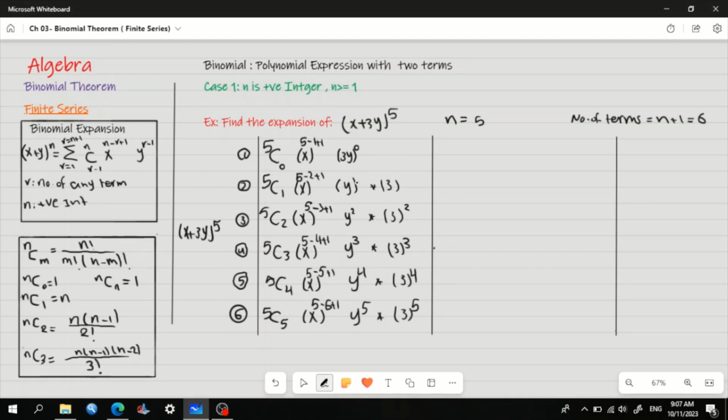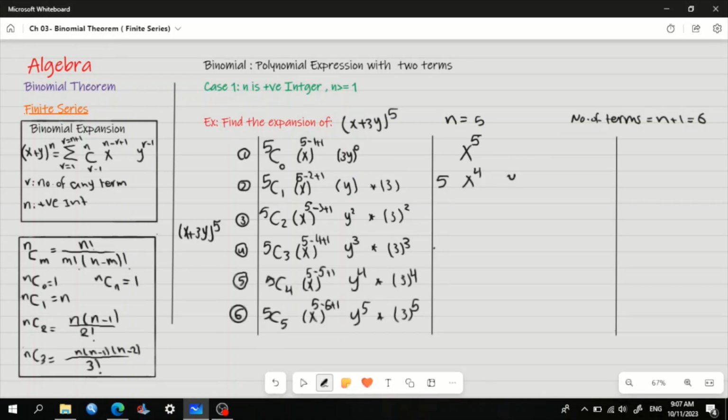Here 5 combination 0 is equal to 1, and here x to the power 5 minus 1 plus 1. So here we have x to the power 5 and (3y) to the power 0. Okay, here 5 combination 1 is equal to 5, and here is x to the power 4, 5 minus 2 plus 1.